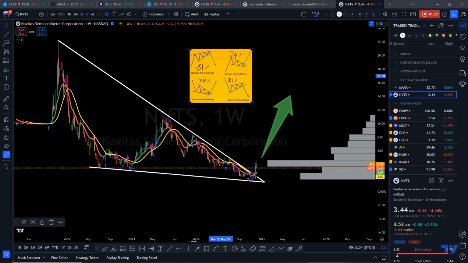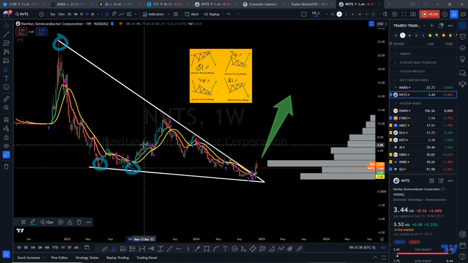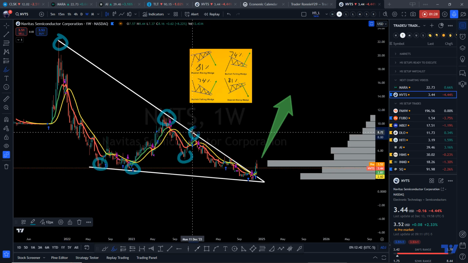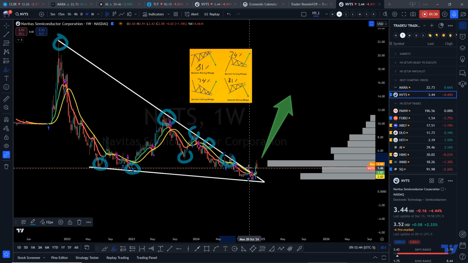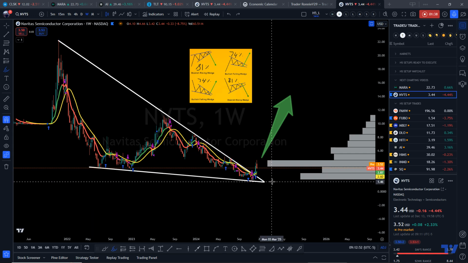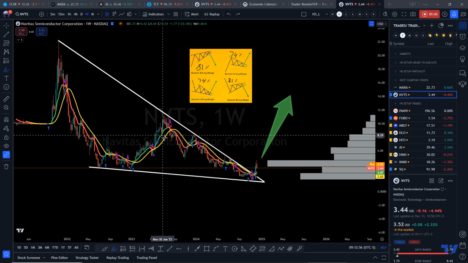So we have this top and then we bottom here twice, come back up to the top halfway, basically hitting up here, coming back down to the bottom, and then we break out to the high side. And this is on a weekly chart as well, everybody.